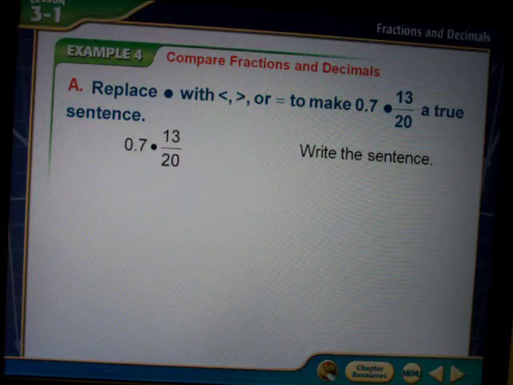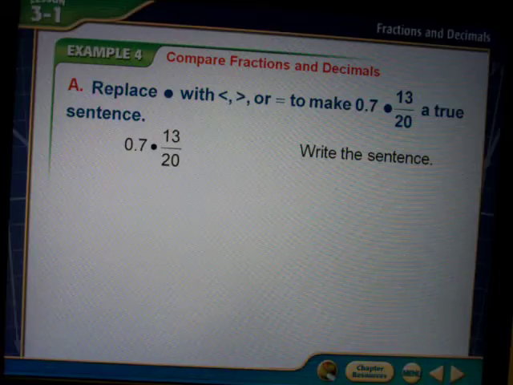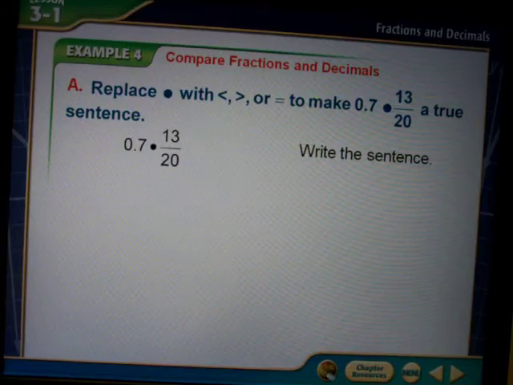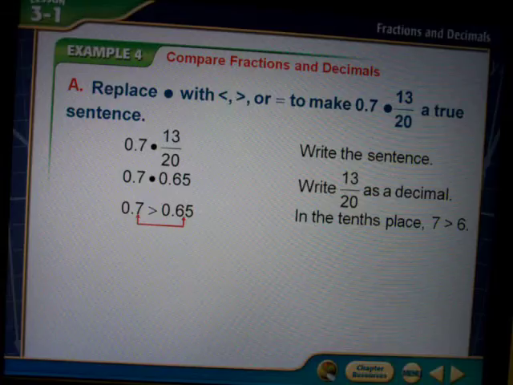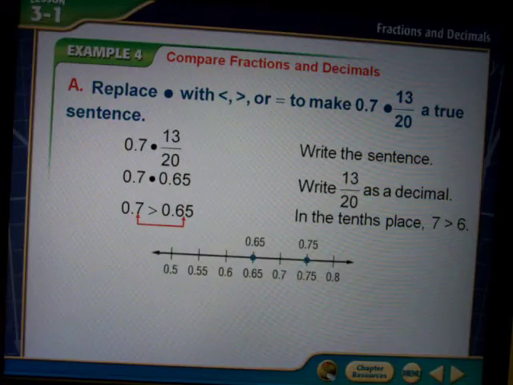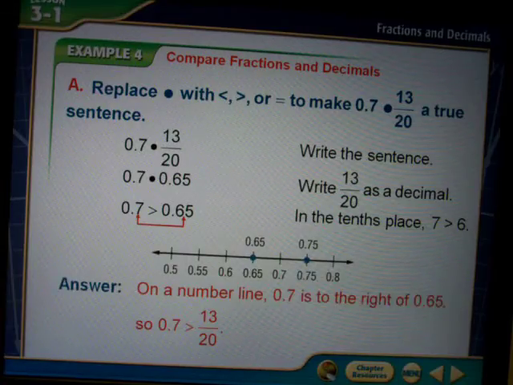You can convert your decimal into a fraction and compare two fractions, or you can convert your fraction into decimals. I would think it'd be easier to convert your fraction into decimals because you have your calculator that can do that for you. So convert them into decimals, and when you see that you have 7/10 and 65 hundredths, 7 is greater than 6. And you can show it on a number line, and the answer is that 7/10 is greater than 13/20.